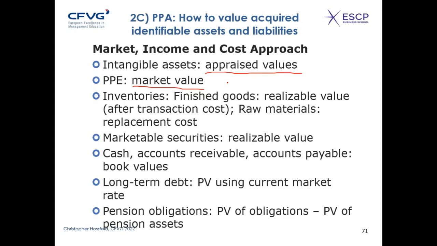Marketable securities, well, what's the market value of those? For cash, accounts receivable, and accounts payable, usually we use book values. For long-term debt, for example, I use the present value of the debt. And for pension obligations, same thing: I use the present value of obligations minus the present value of pension assets eventually. So usually I will ask auditors, obviously, to help me with that purchase price allocation.